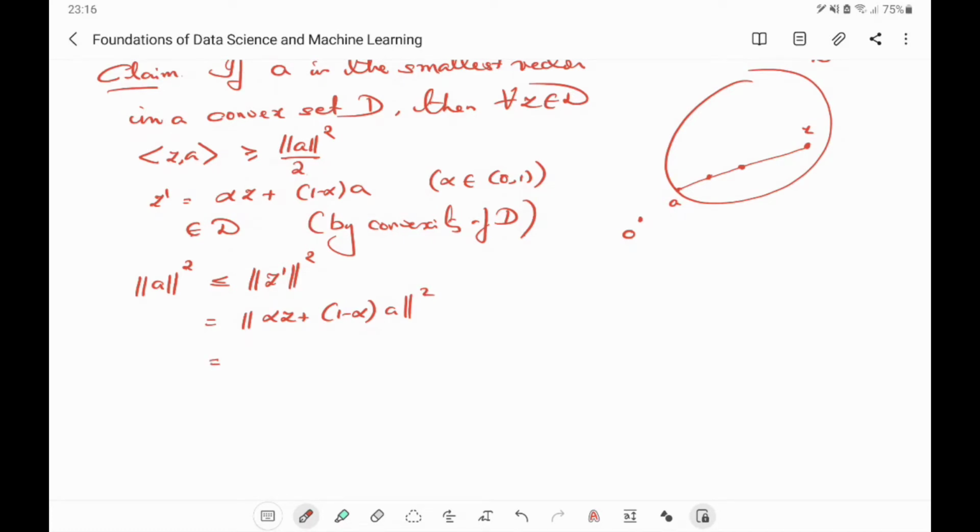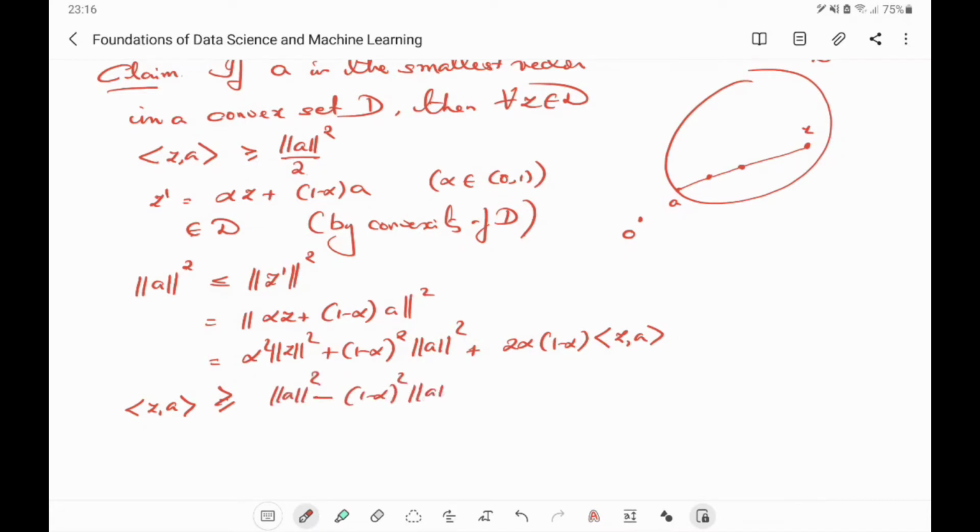This will turn out to be alpha squared norm of Z squared plus 1 minus alpha the whole squared norm of A squared plus 2 alpha times 1 minus alpha times the term we actually want, Z comma A. Now if I rearrange, Z comma A is lower bounded by norm of A squared minus 1 minus alpha the whole squared norm of A squared minus alpha squared norm of Z squared, divided by 2 alpha into 1 minus alpha, correct?